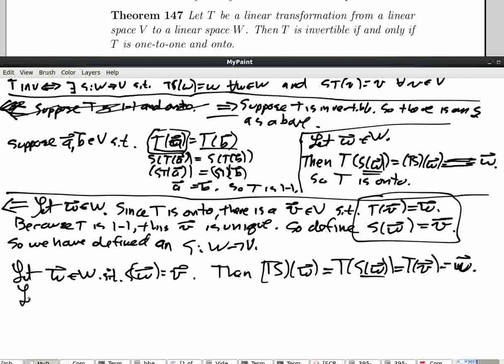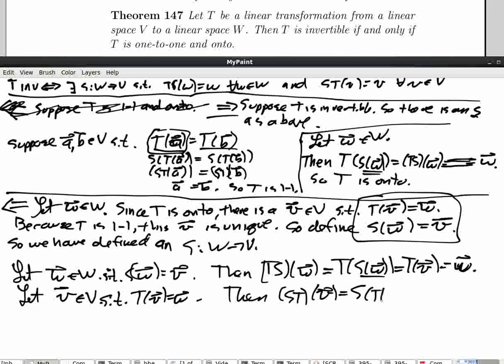And now I can let v belong to V such that T of v equals w. Then I'm going to look at the map ST of v. Well, by definition of composition, it's S of T of v, which equals S of w by this.